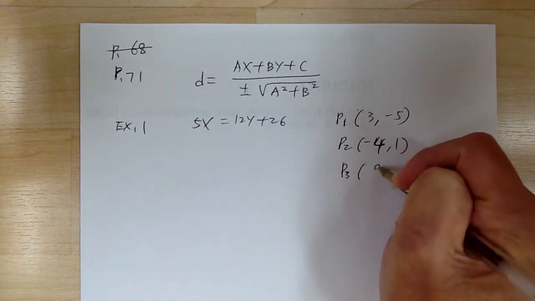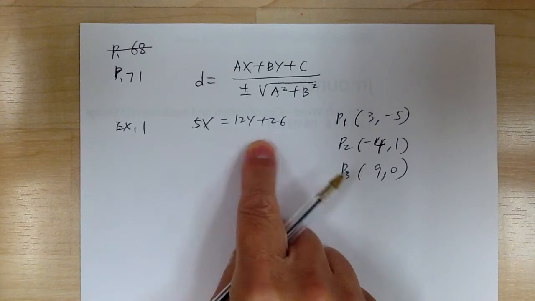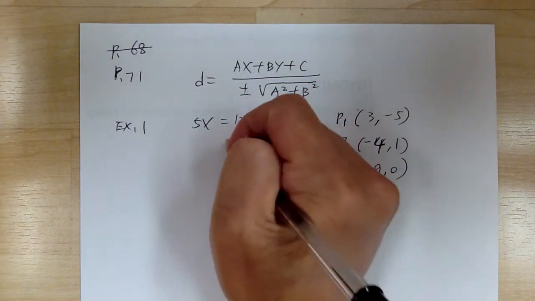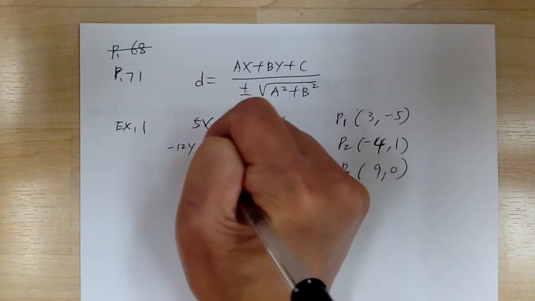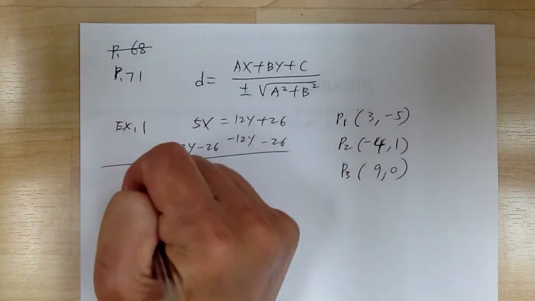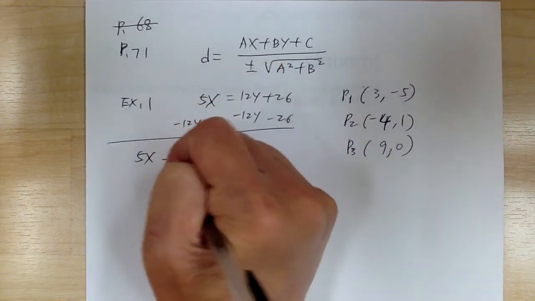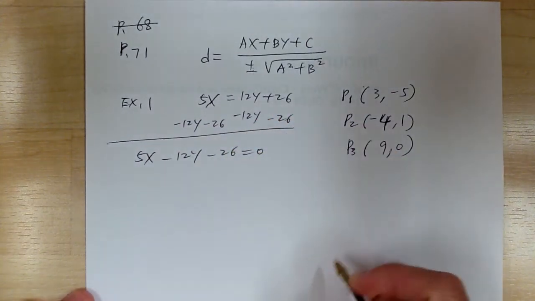First, you want to put the equation in the general form. So move this over: minus 12y, minus 26, on both sides. Your equation would be 5x minus 12y minus 26 equal to 0.